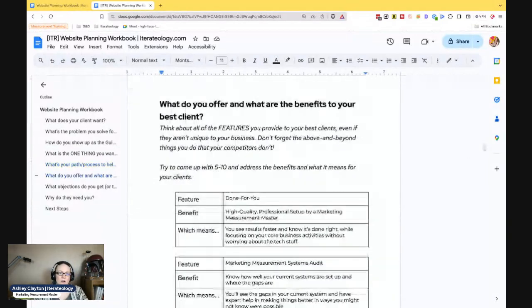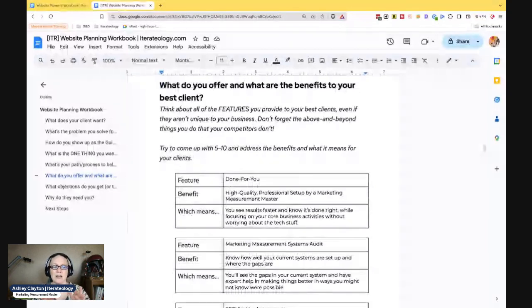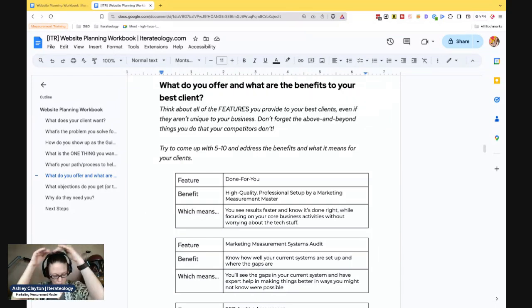All right. And so once you have that, this is where we now pivot into more of the details of that core offering that you have. If you have more than one offer, you may want to revisit some of these same steps, or I would actually argue the whole document. So if you're working on a specific service page, use this with the service page in mind.